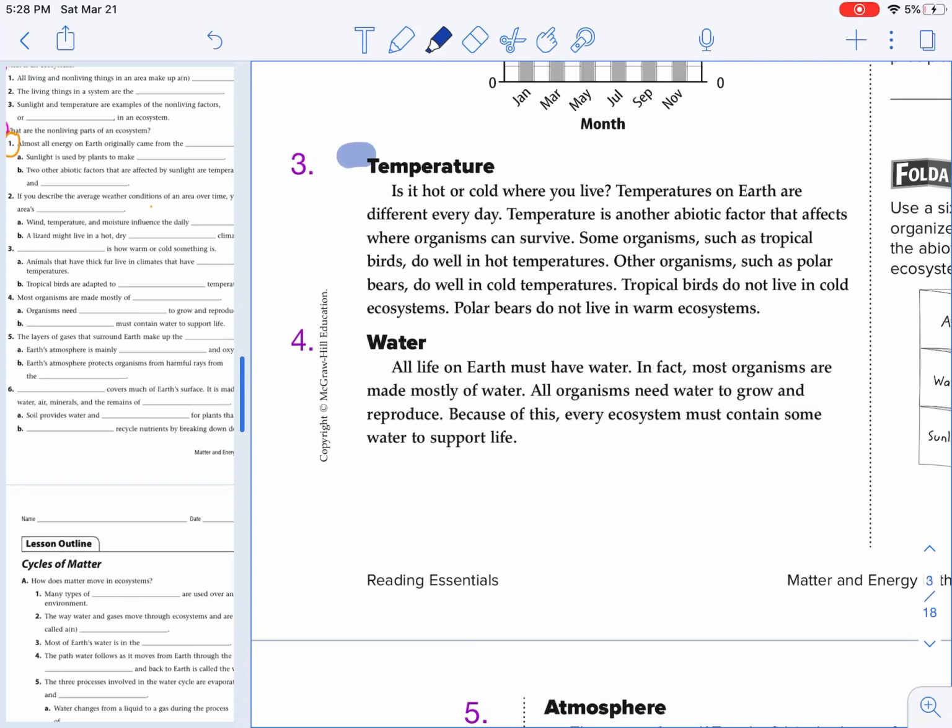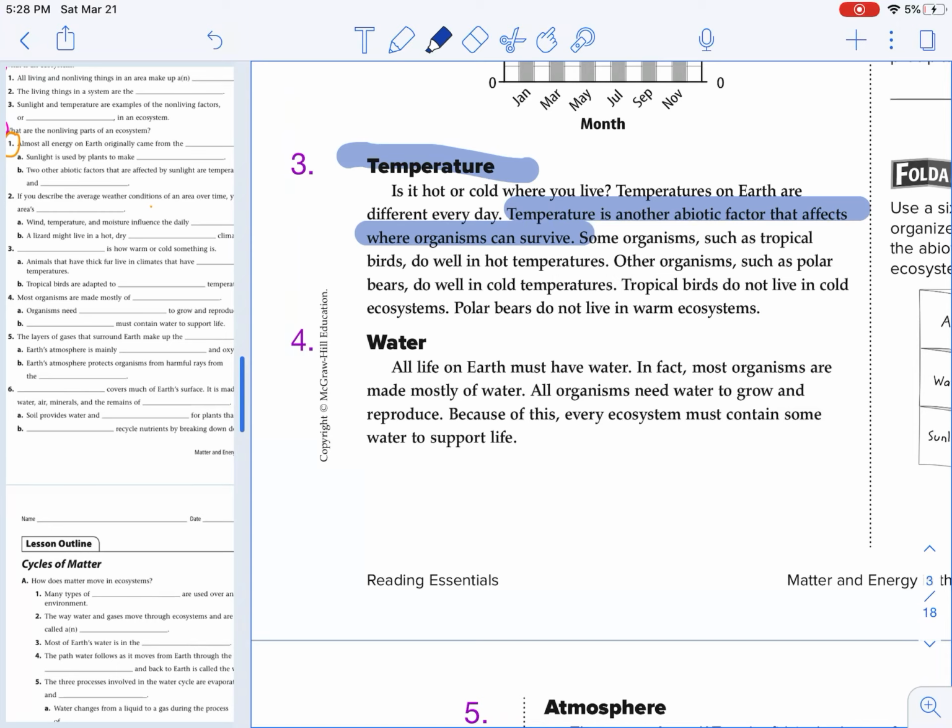Okay, temperature. Is it hot or cold where you live? Temperatures on Earth are different every day. Temperature is another abiotic factor that affects where organisms can survive. Some organisms, such as tropical birds, do well in hot temperatures.